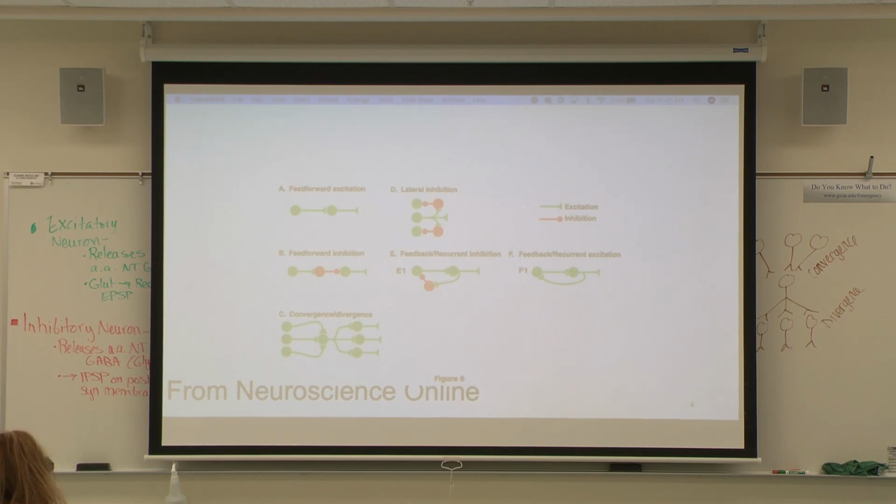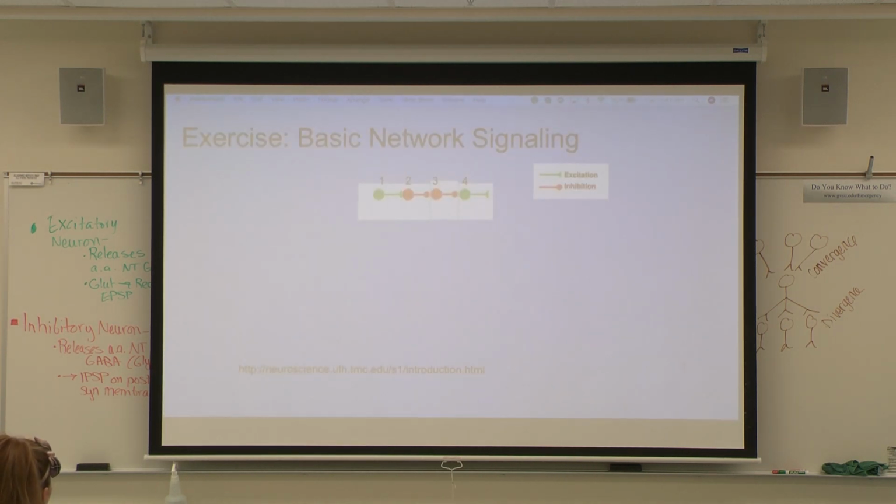Okay, now we're going to do an exercise where we put a couple of different pieces of information together. We have a new microcircuit. Cell 1 is excitatory. That means it releases glutamate. Cell 2 is inhibitory. It releases GABA.